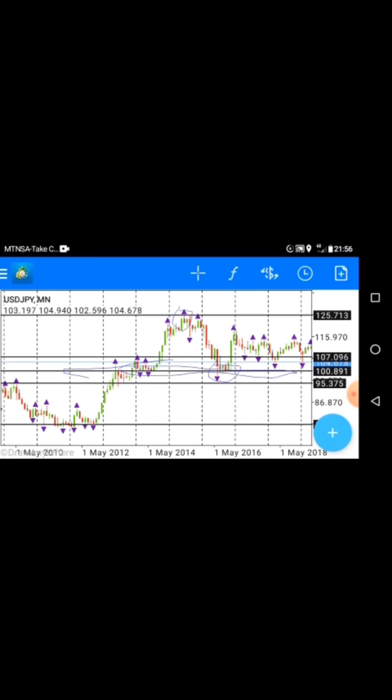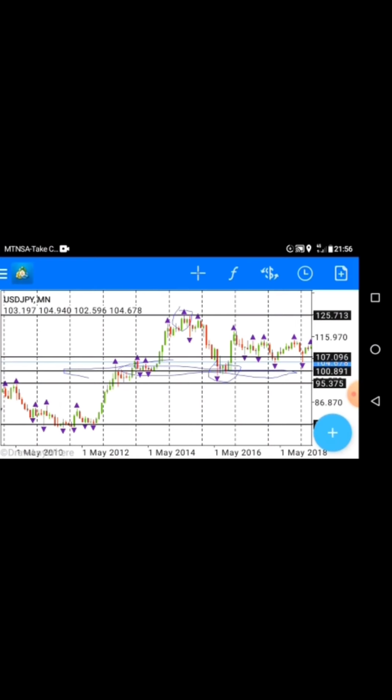But then you don't just blindly take your short. What you need to do is always wait for a confirmation and some sort of a reversal pattern in the form of candlesticks. It can be a hammer, it can be a pin bar, it can be a bearish engulfing, you name them. So you need to also do your research on different candlesticks.